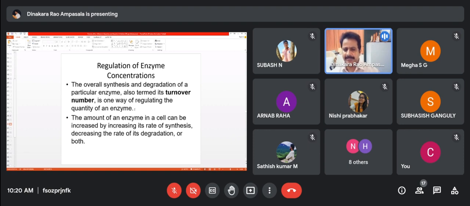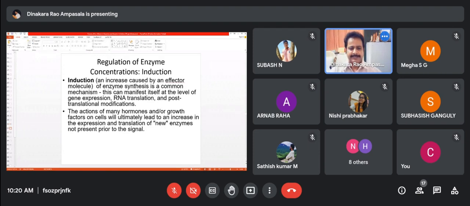So this is also one type of process to control enzymes in a biological system, by degradation and turnover.